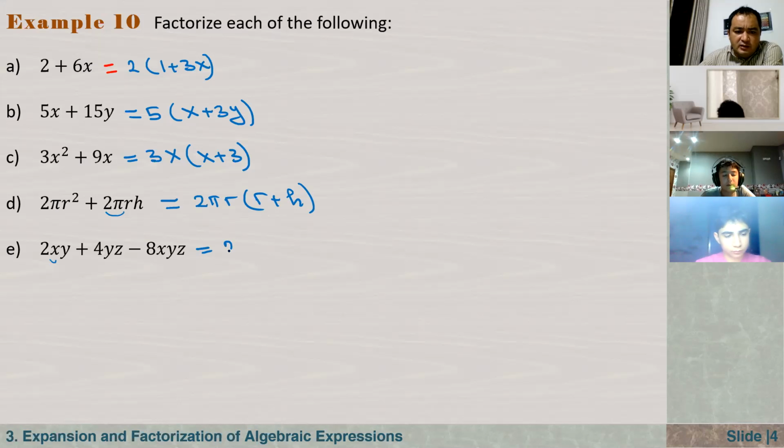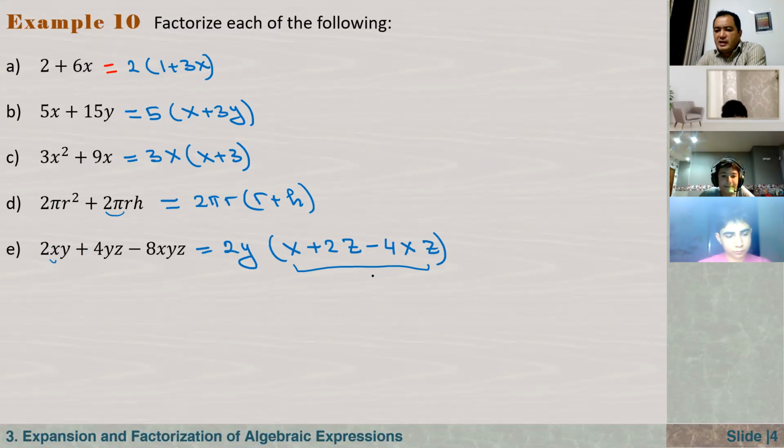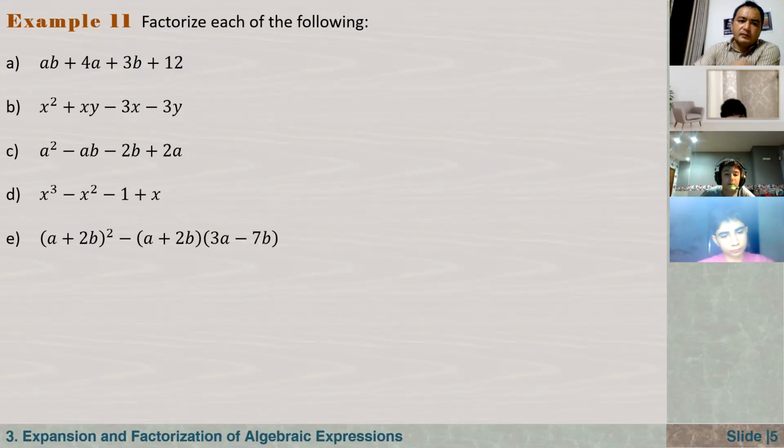What is the common factor here? 2y is a common factor, right? If you take 2y out, here we have x plus 2z, and here we have minus 4y. See here, we don't have any common factor except for 1.